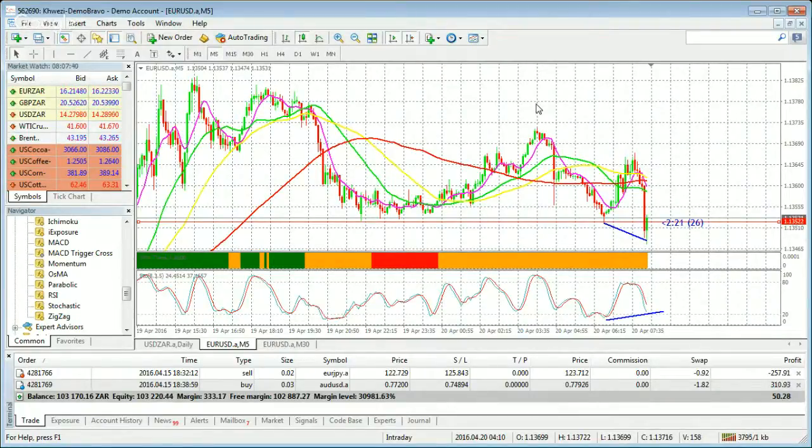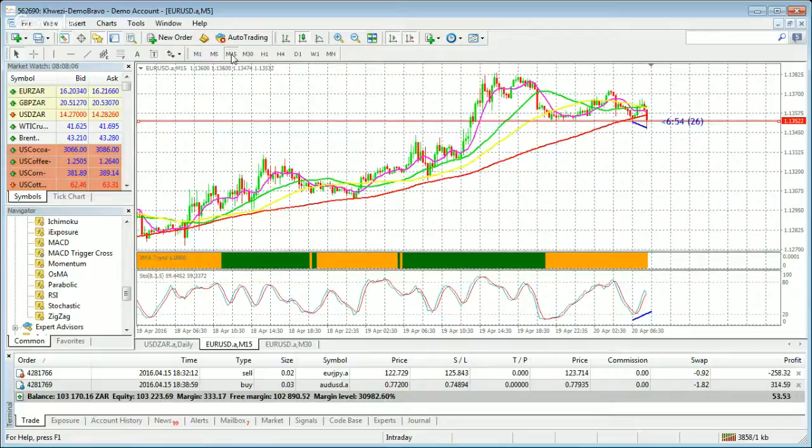But okay, having a look. We can see the 5 minute even needs to set up in its swing. I'm going to wait a while. So there's nothing up for that at this point in time.